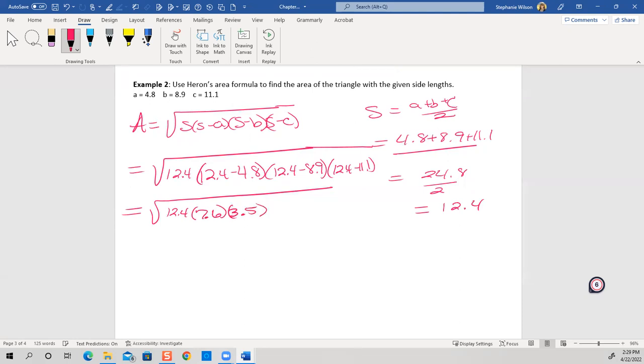I'm going to do it in steps. Some of you won't, some of you will. That's fine. Just watch your numbers. So now when I multiply this all together, I get 428.792. And when I take the square root of it, rounding to the nearest tenth, I get 20.7. So that is the area using the formula of Heron.